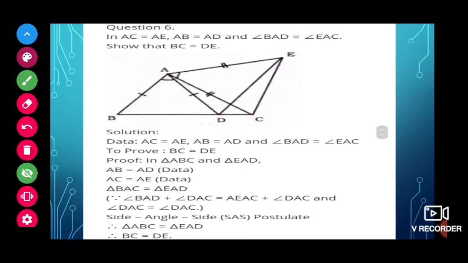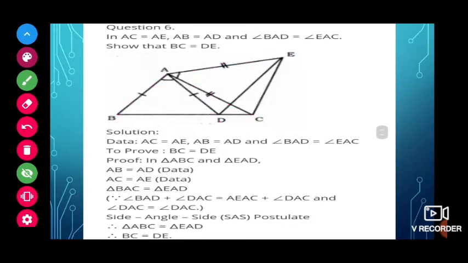First one, AC is equal to AE. Here is the AC. Here is the AE. Next one, AB is equal to AD. So, children, first we have to select the two triangles which we have to consider.